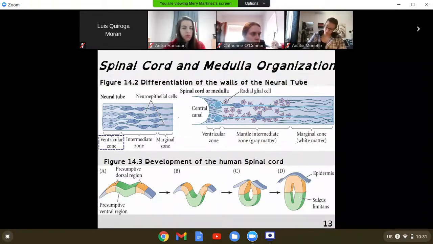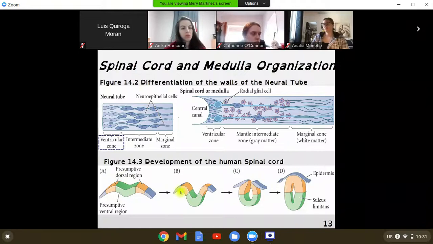So as this matures to this section, we see the appearance of the sulcus. So we are going from the very beginning. This is the presumptive ventral region. This is where the hinges, dorsolateral hinges, are forming for the fusion, elongation, and joining over here. Okay, and so this is the presumptive dorsal.